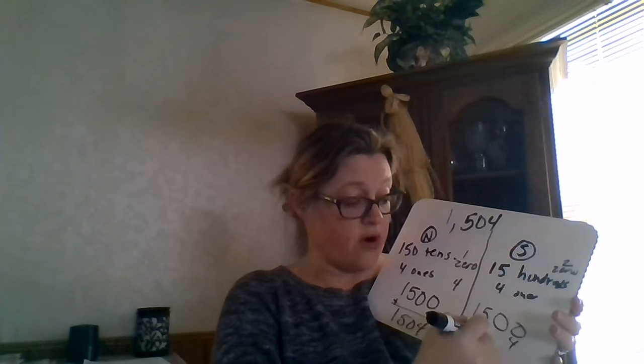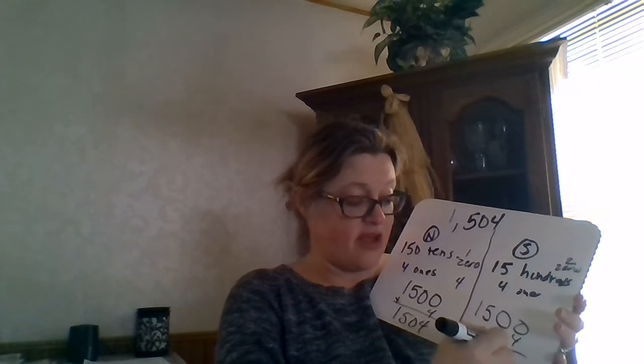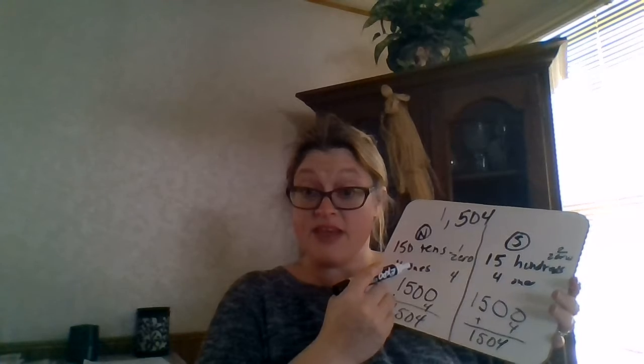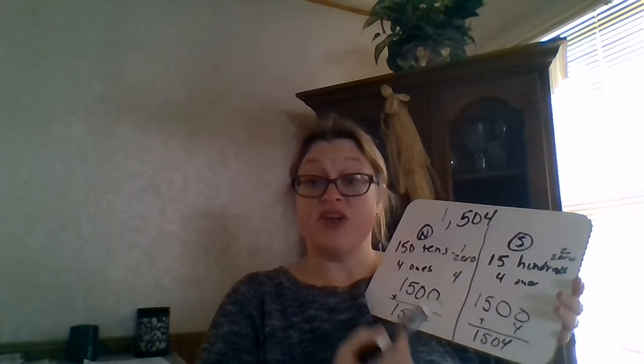And then again, 4 ones, there are no zeros in ones. So if you have 4 ones, you have 4. And if we add that together, Sarah was correct also. So both of them are right. 150 tens is 1,500 and 15 hundreds is 1,500. They're just saying it in different ways.